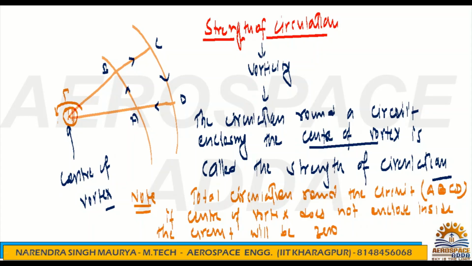If somebody knows this property of the strength of circulation, then immediately after seeing the question they can mark the correct answer. Options were there, 0, pi, 2 pi, something like that. They can immediately mark it and get 2 marks.